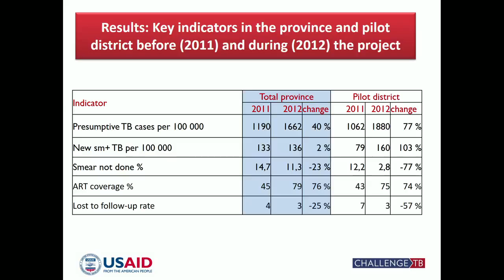And then new smear positive TB per 100,000 increased by 2% in the province and in the district by 103%. And those pulmonary TB patients with smear not done decreased by 23% in the province, and in the particular district it decreased by 77%. ART coverage increased by 76% in the province and increased by 74% in the pilot district. And loss to follow-up decreased by 25% in the province and decreased by 57% in the pilot district. Next slide.